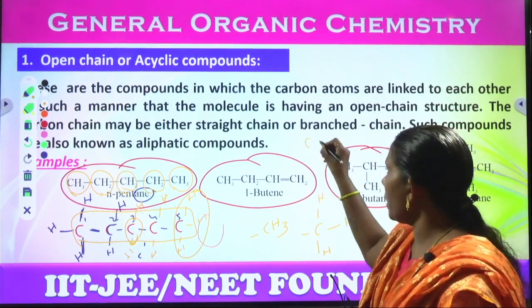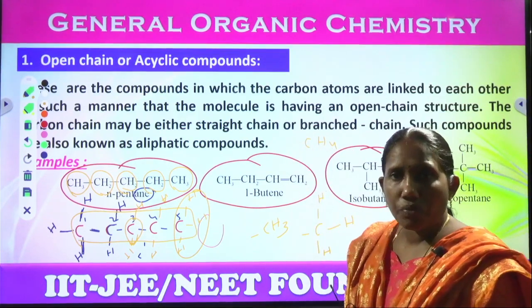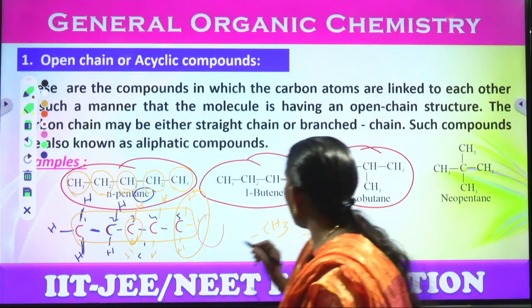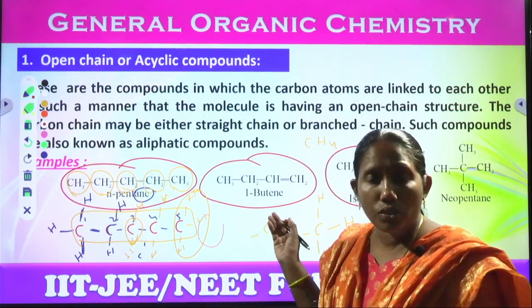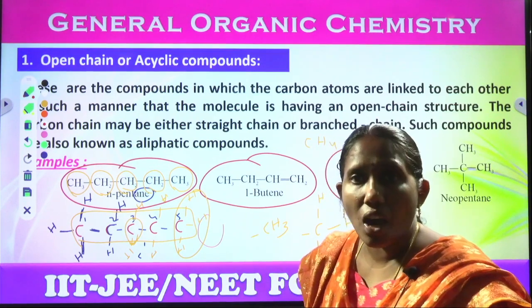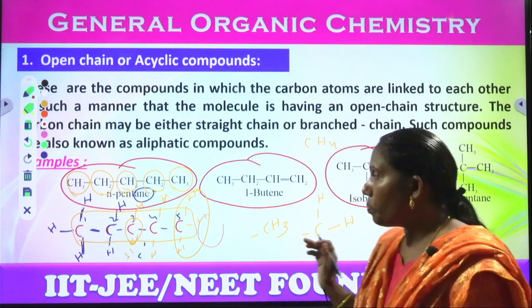If you write CH4, there is no need to write any hyphen or bond. But while you are writing CH3, CH3 means an alkyl group, the methyl group. In CH4, 1 hydrogen has been removed, so that will be an alkyl group, like we have already discussed.